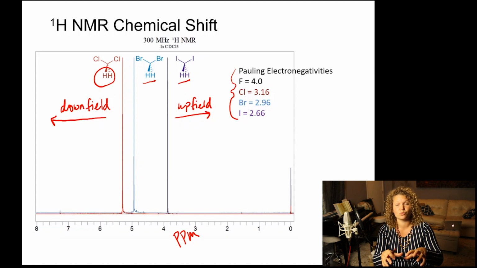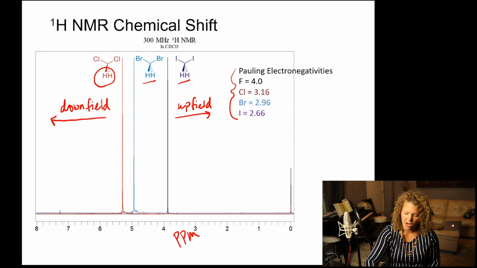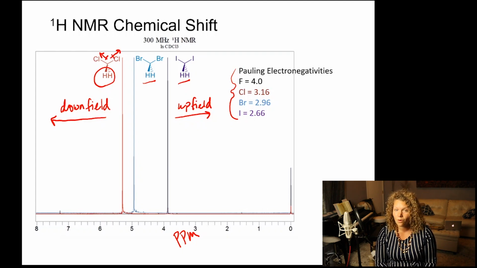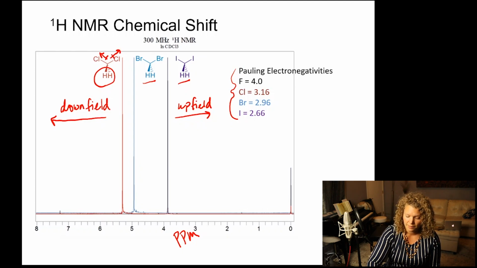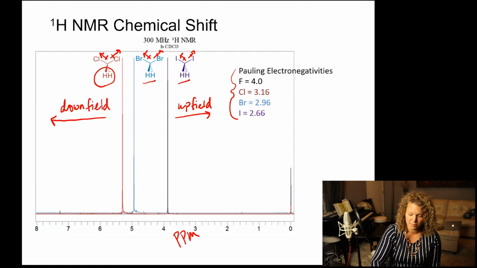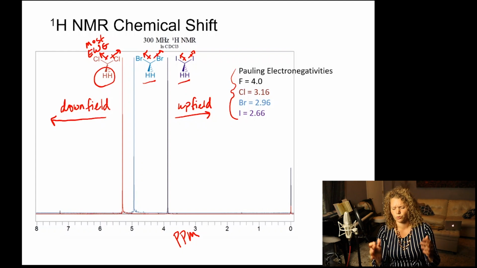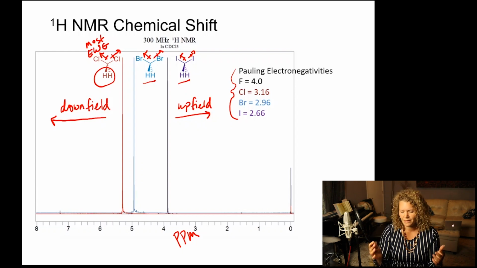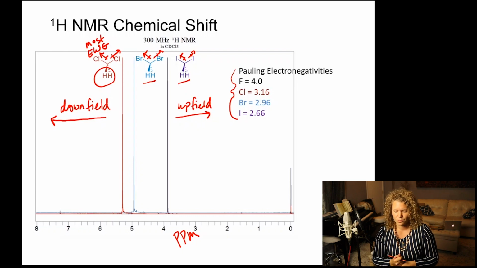This is withdrawing electron density away from this CH2, more so than our bromine and more so than our iodine. So this is the most electron withdrawing. I'll put G for group, most electron withdrawing group. It's withdrawing electron density the most.